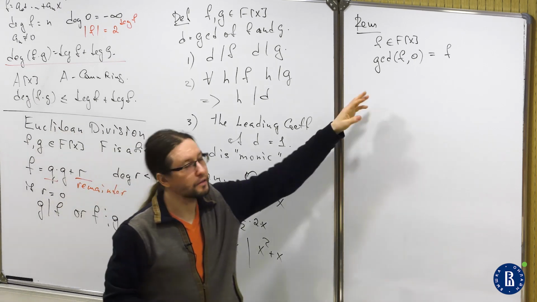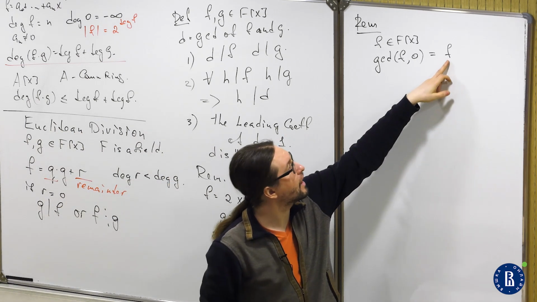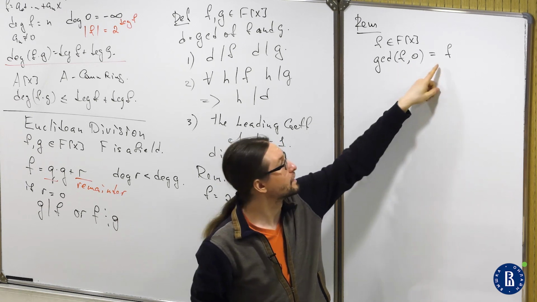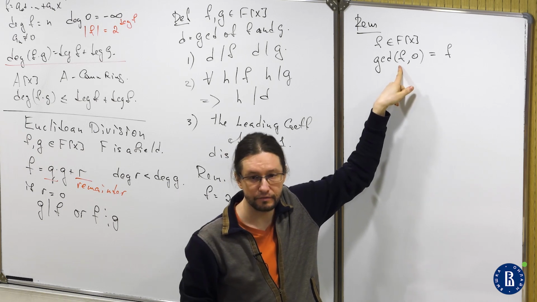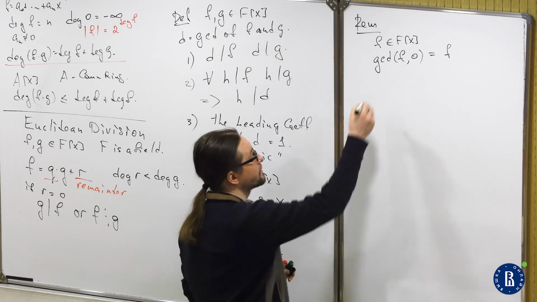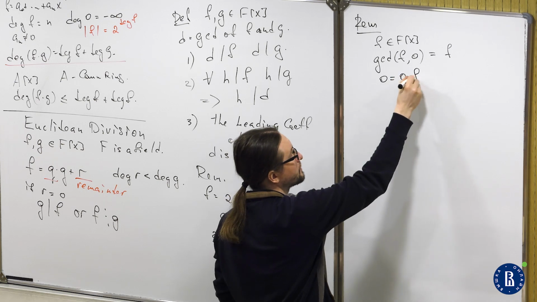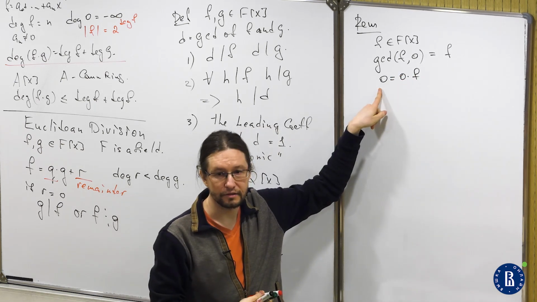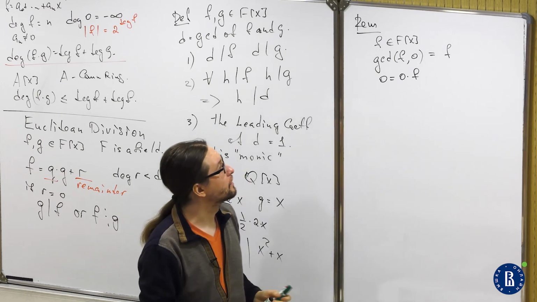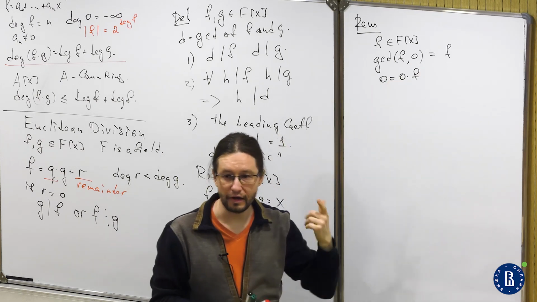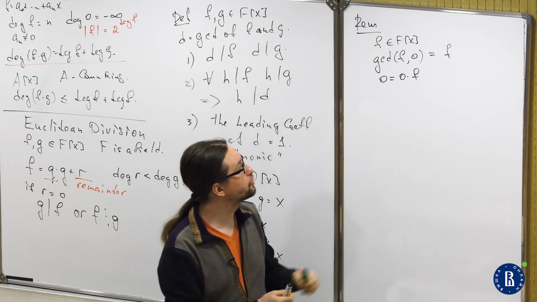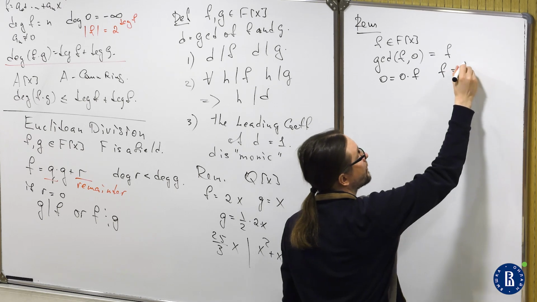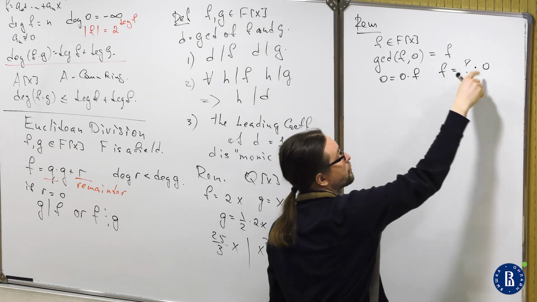First of all, let's check that f is a divisor of f and 0. It's clear that f divides f. But f also divides 0 because 0 equals 0 times f. So it's a common divisor of f and 0. But it's not true that 0 divides f, because you cannot represent f as something times 0, since the product will be 0.